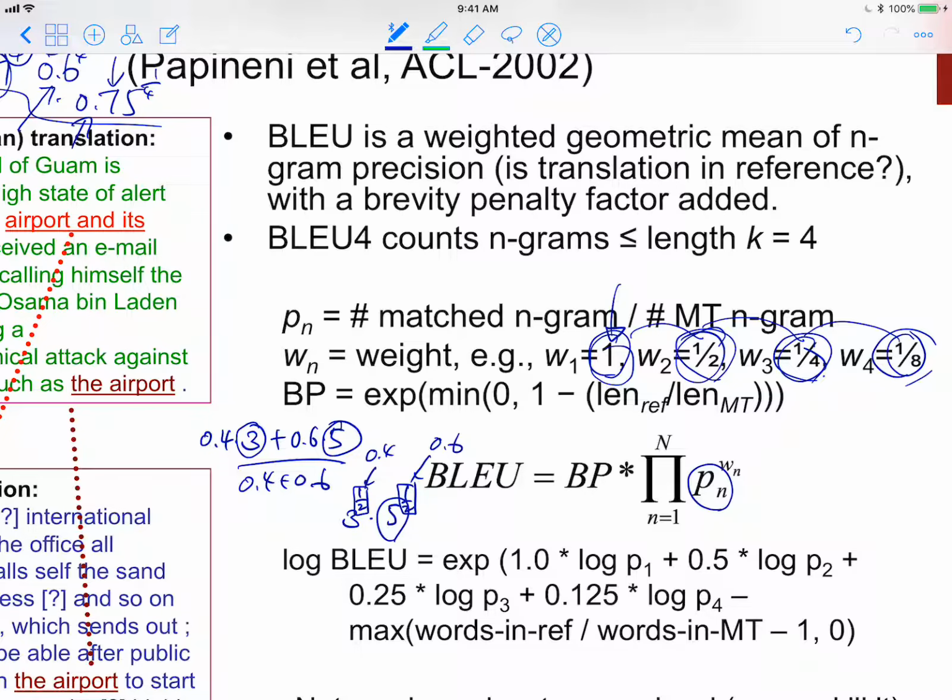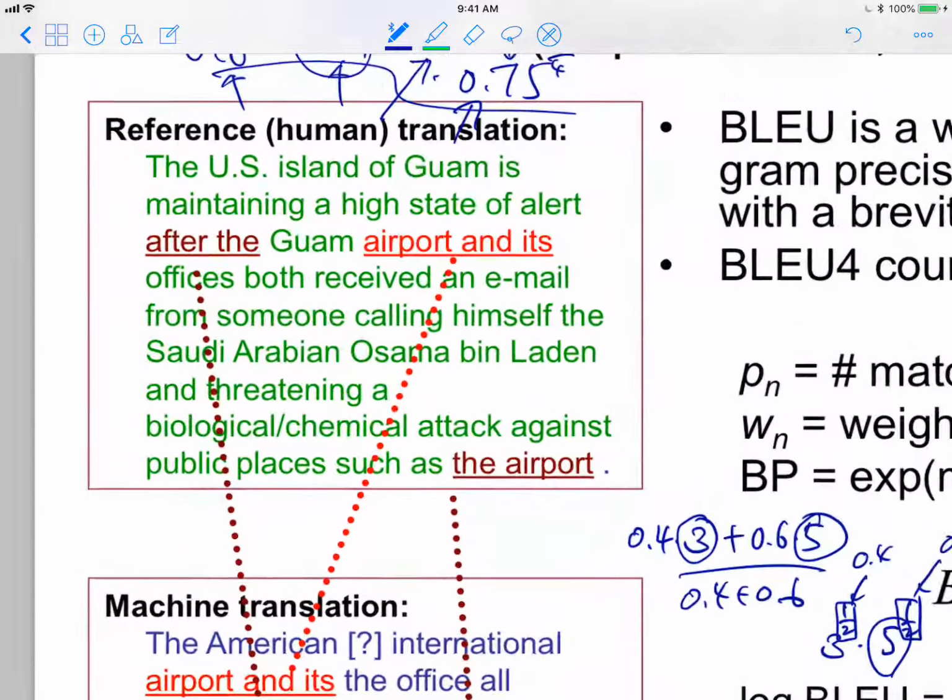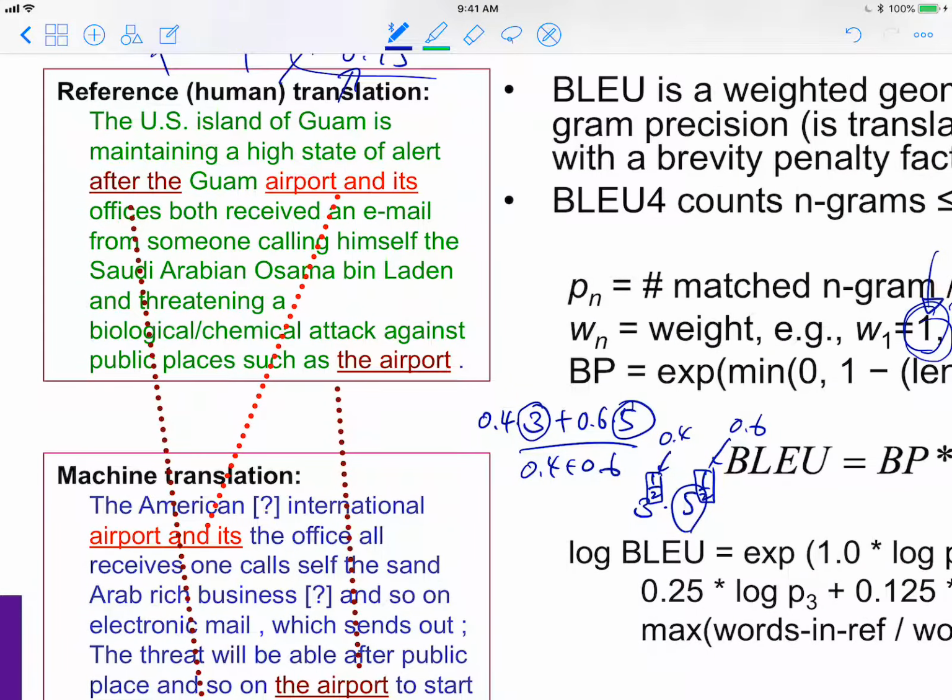And then when computing the precision for unigram, bigram, and so on, how do you compute the precision? For precision, we determine whether each of the predicted or generated tokens in the predicted output is included in the ground truth sequence.